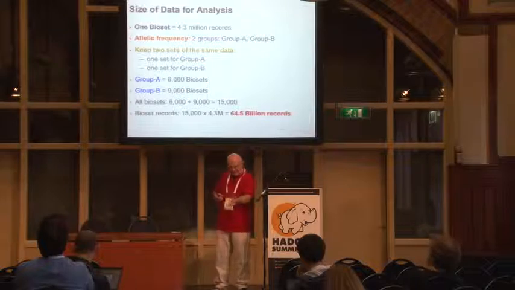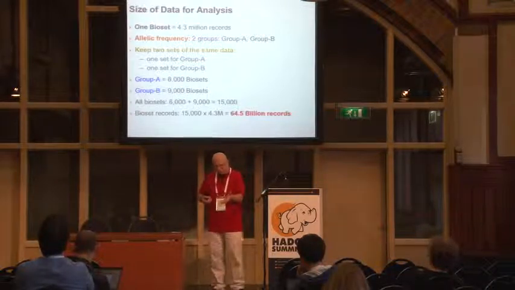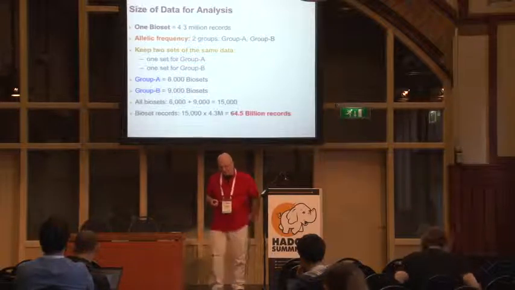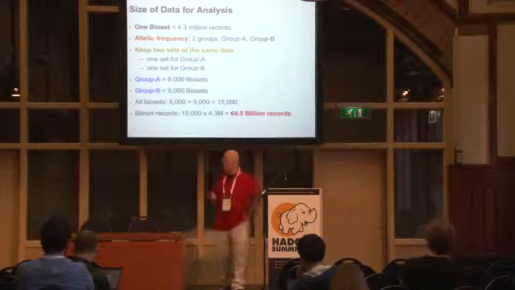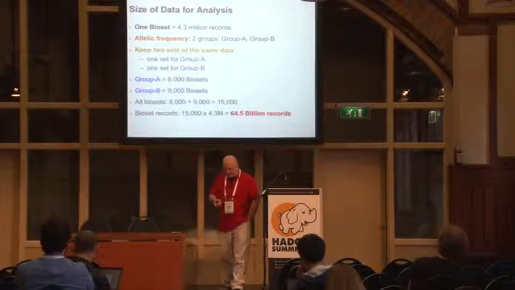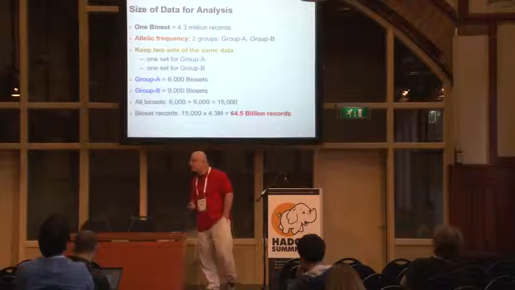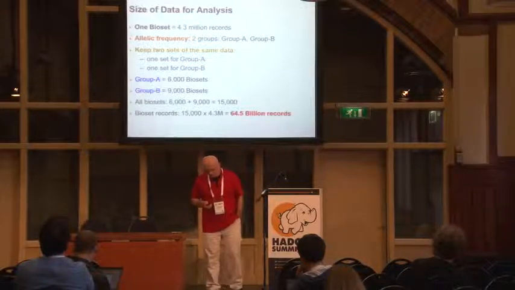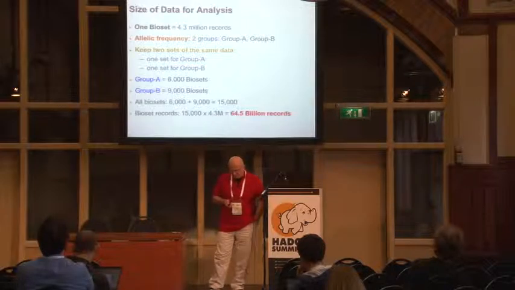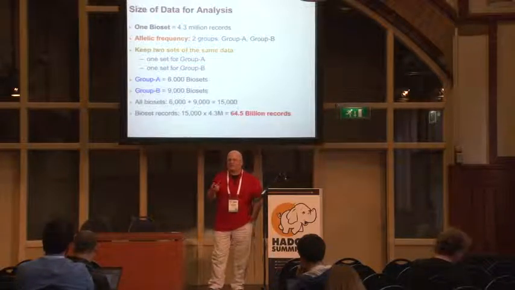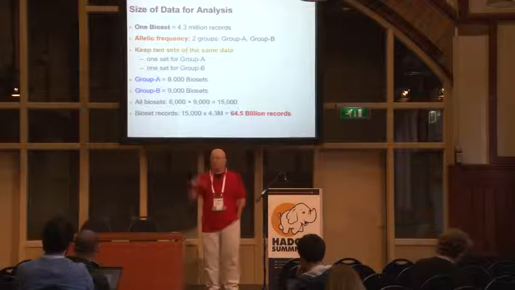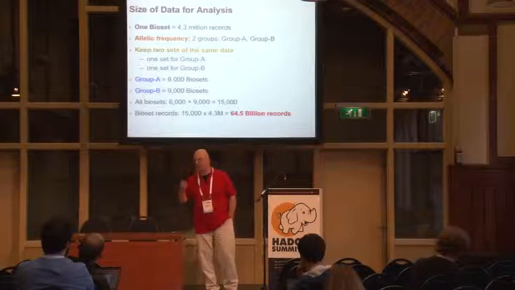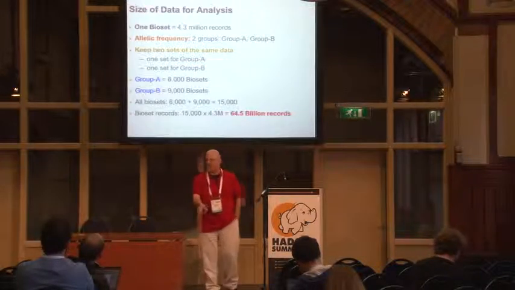And here I have given a very typical example: group A having 6,000 biosets, group B having 9,000 biosets. So you have 15,000 biosets, and that translates to 64.5 billion records. In real tests for pharmaceutical companies, the minimum number of samples they might select will definitely surpass 20,000 to 30,000. This is a very small sample I'm mentioning here.